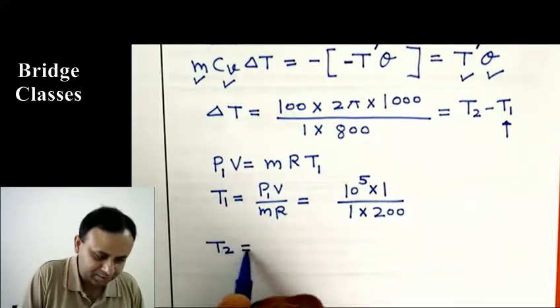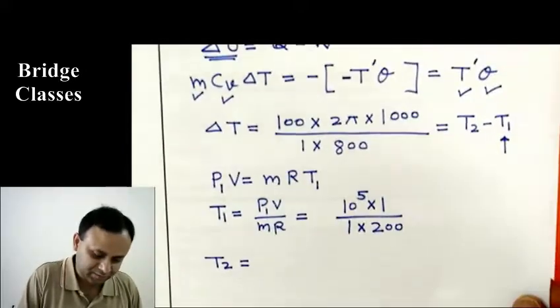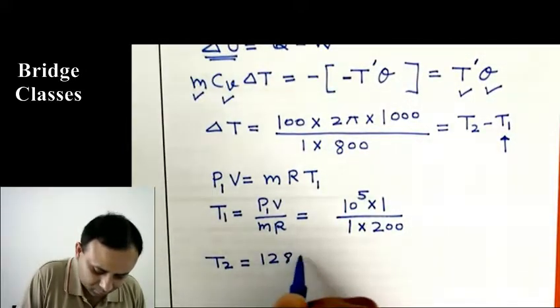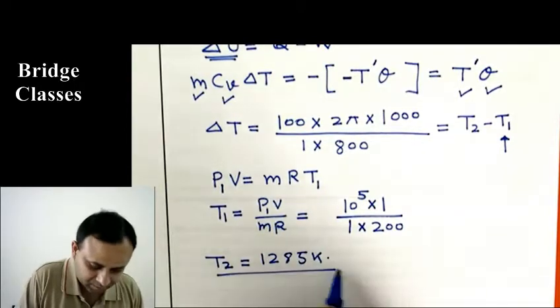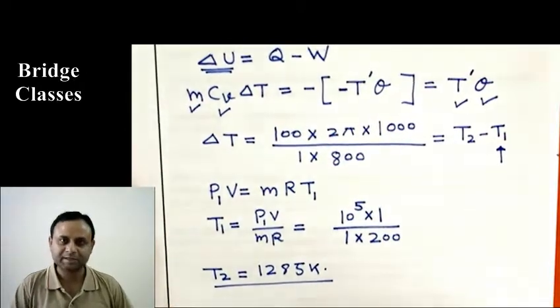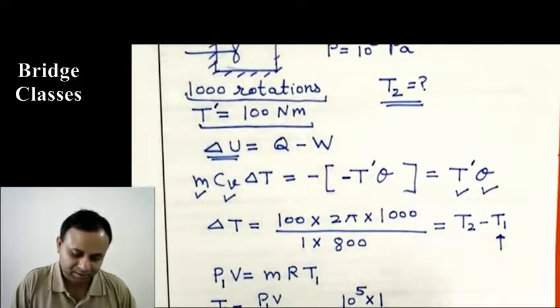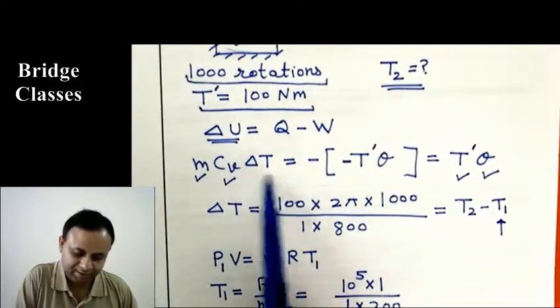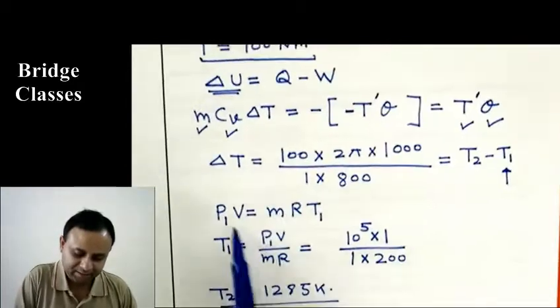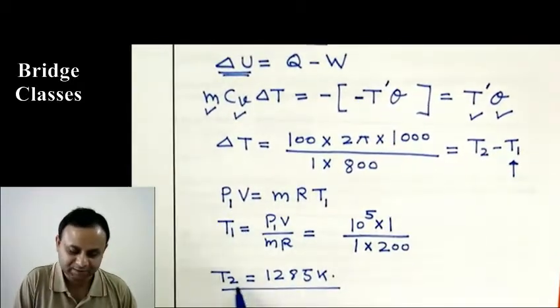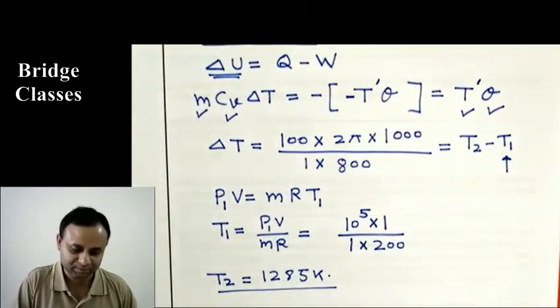The answer you get is the final temperature is 1285 K. So see, in a problem like this, you can be tested on several concepts. You have to apply first law and also know about the ideal gas and ideal gas law, and also that Cp minus Cv is R, that sort of thing.